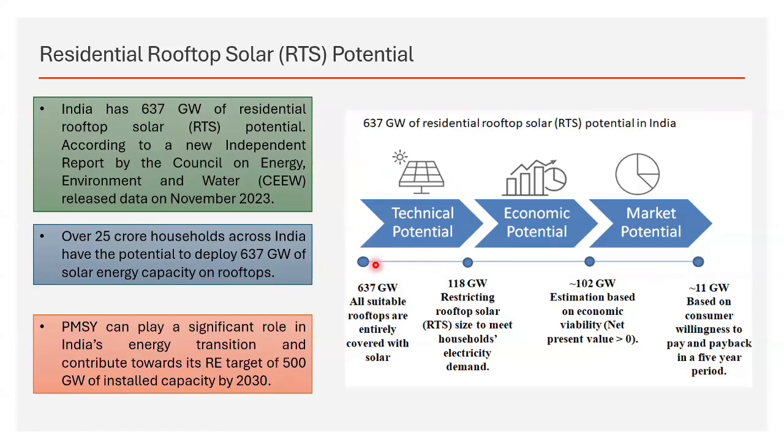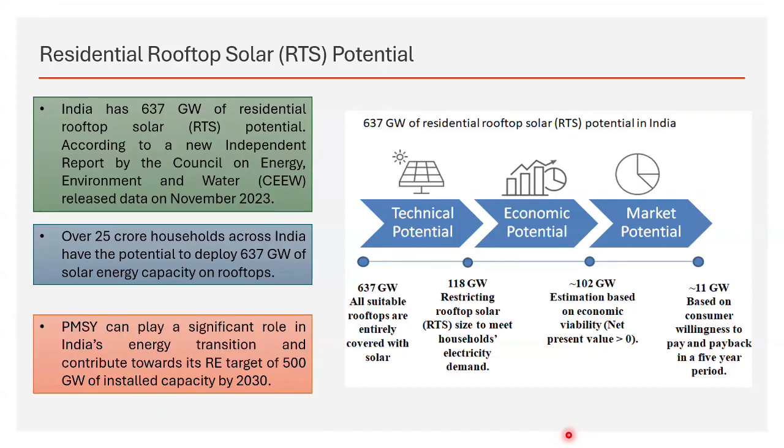However, on feasibility, the technical potential is 118 gigawatt, restricting the rooftop solar size to meet the household electricity demand. So out of that, 118 gigawatt is technically feasible. And when we look at economic potential, that means we get a good NPV or internal rate of return, IRR, a term we usually use while calculating capex plans.